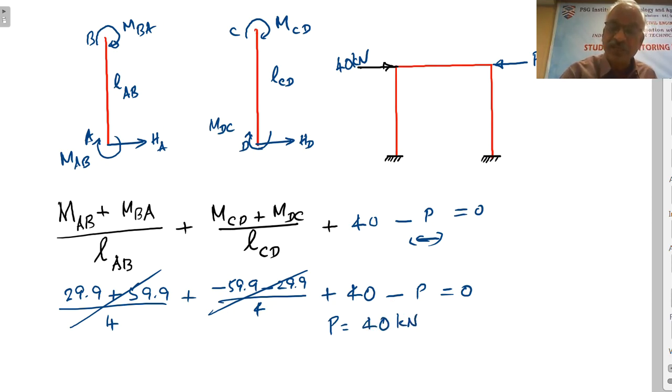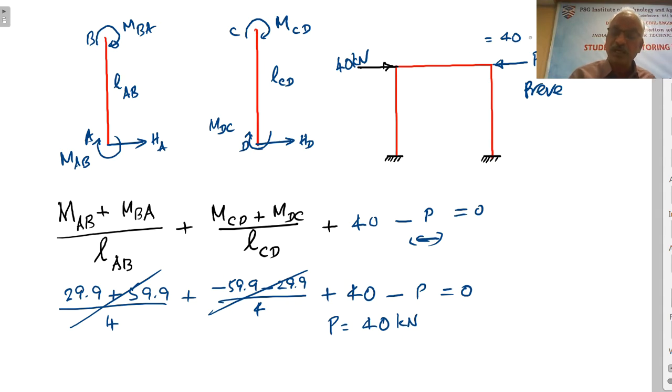So this P is the force preventing sway. I think this may not be visible for the viewers because this will go in the photo, so I will just write it here, P equal to 40.